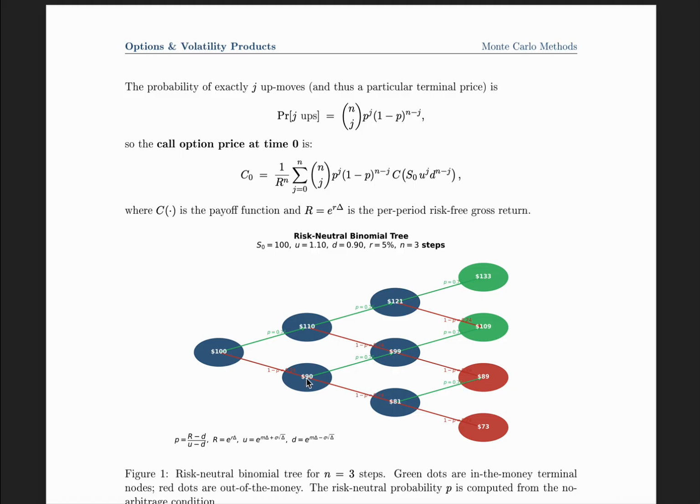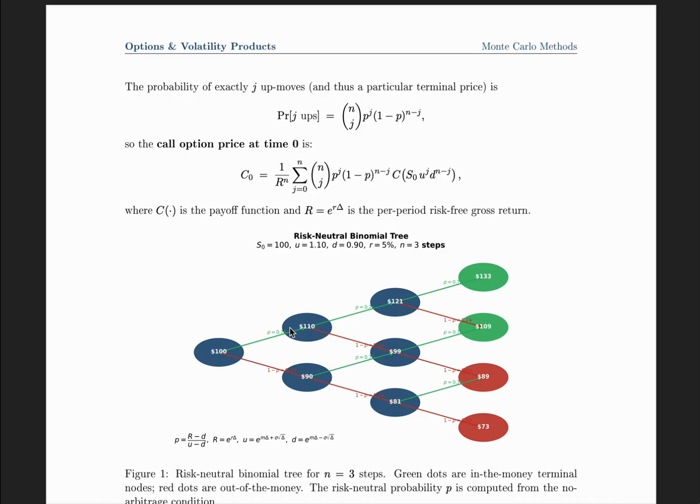Now, what this means is that if we start at a stock price of $100, we're going to end up with a stock price of $110 or $90, where we have assigned the corresponding probabilities as, in this case, 0.76 and 0.24, right? So there's a 76% probability that we'll end up at $110 and a 24% probability that we'll end up at $90, okay?